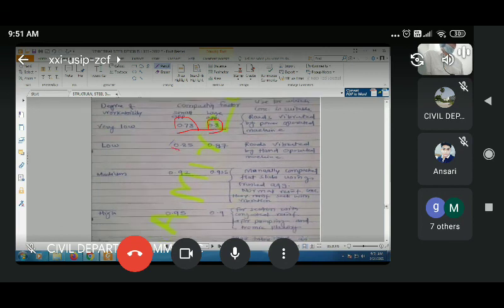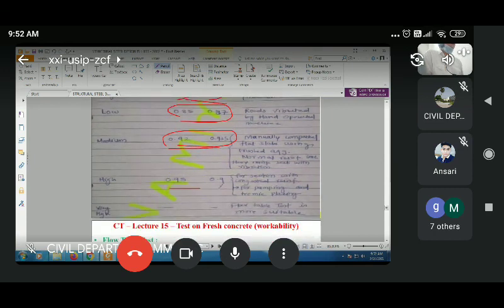If the degree of workability is low, then 0.85 to 0.87, and if medium, then 0.92 to 0.935. These values may differ by author, but they are given by your IS code. And if there is a higher degree of workability, then the compaction factor value will be 0.95 to 0.99.